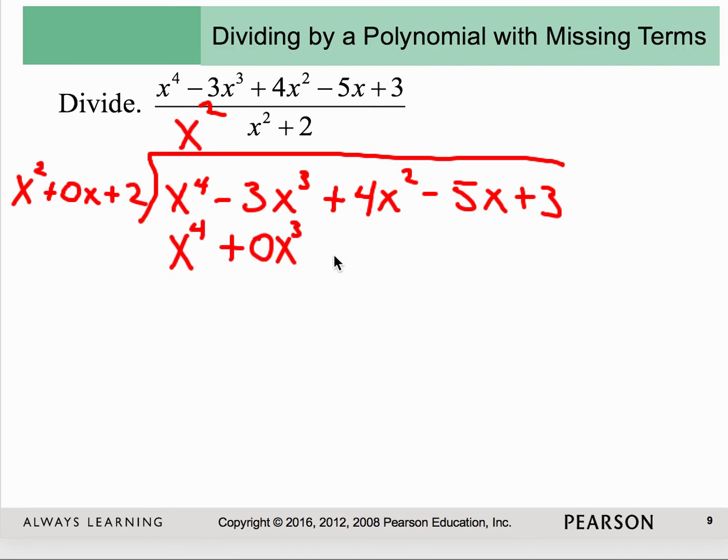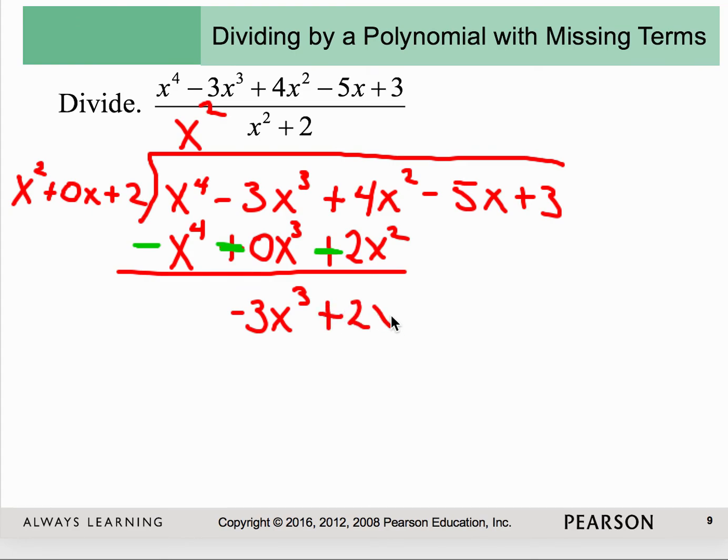X squared times 2, plus 2x squared. Now we subtract, which means change your signs. That's 0. This is negative 3x cubed. And this is 4x squared minus 2x squared, 2x squared. And bring the next one down.